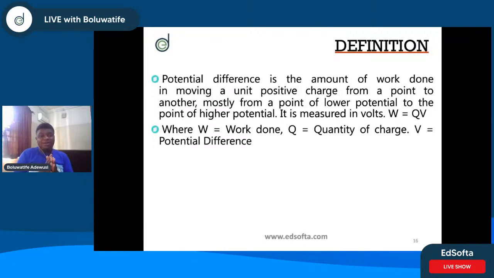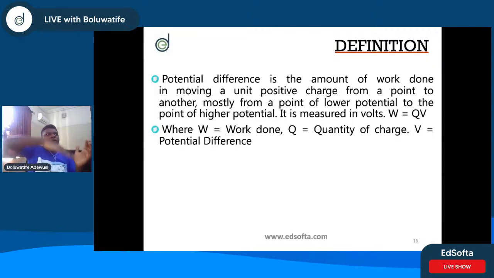The work done here is the total work done in moving everything. So potential difference is just total work done, it's just proportion. Do you understand? So potential difference is the energy required or the work done to move one charge.